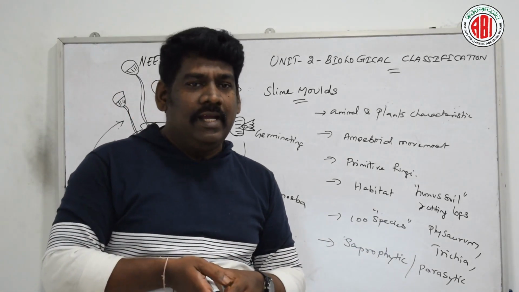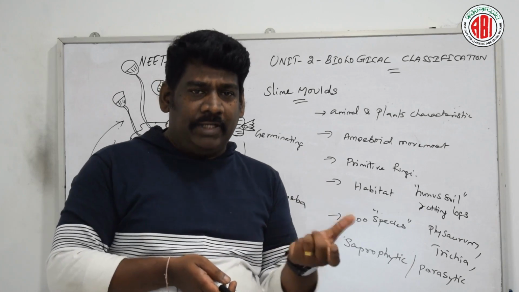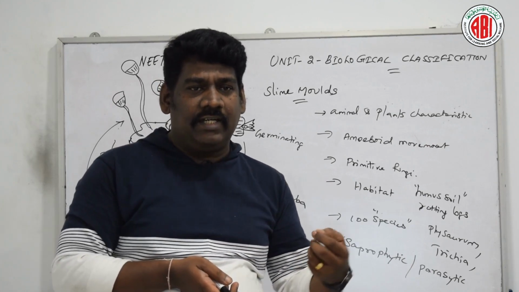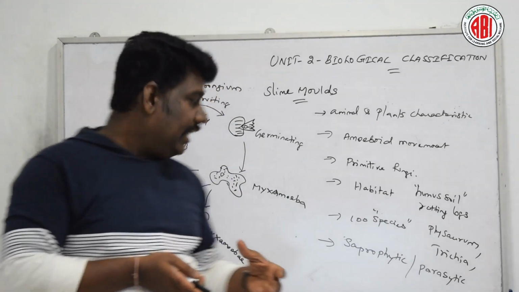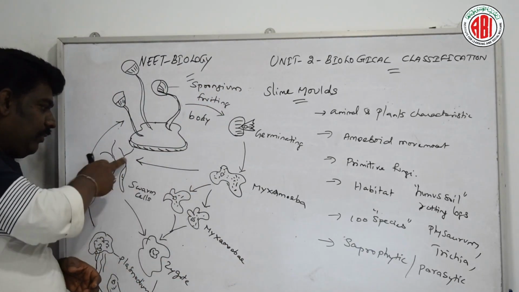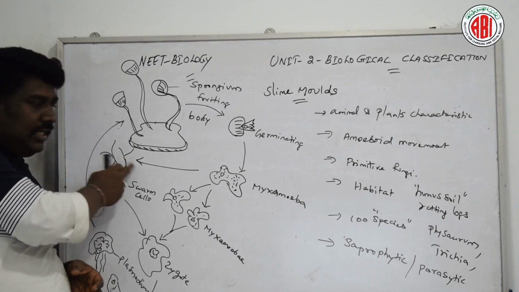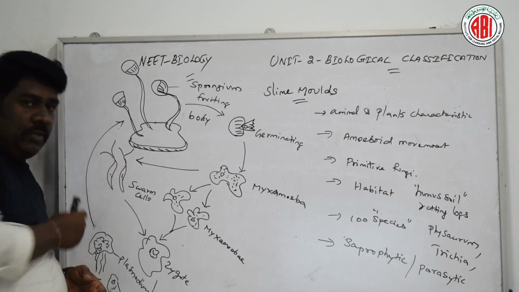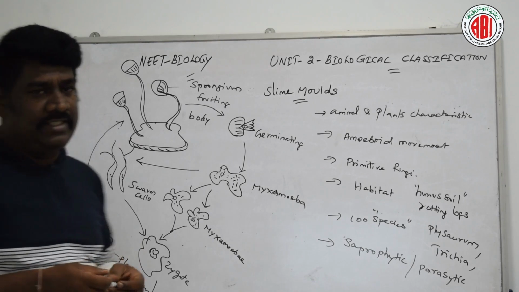These myxamoeba like structures are biflagellated structures. So the organism is biflagellated, two flagella are present, and they are involved in the sexual mode of reproduction.